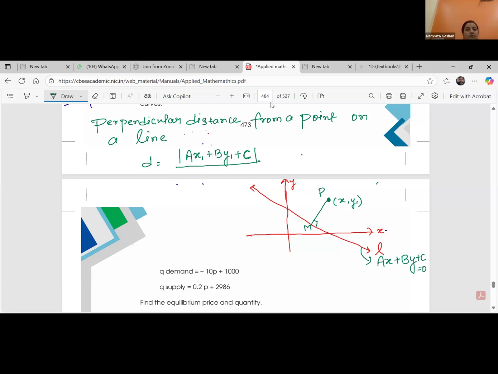For finding the perpendicular distance from a random point on a line, we need to know two things: the coordinate of the point from which we are dropping the perpendicular, and the equation of the line. Then we can find the perpendicular distance by using this formula. Making sense?